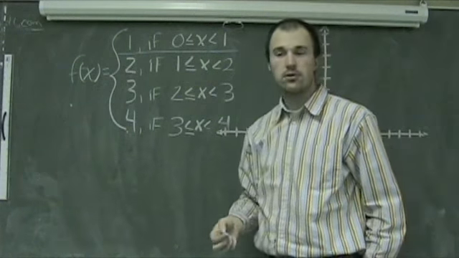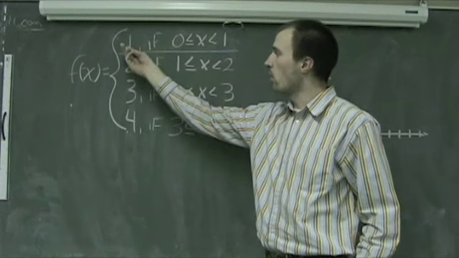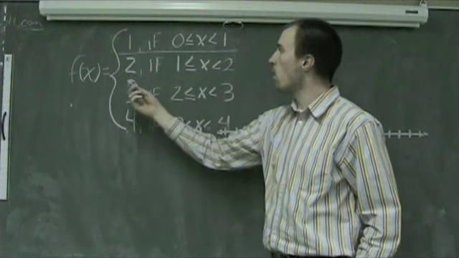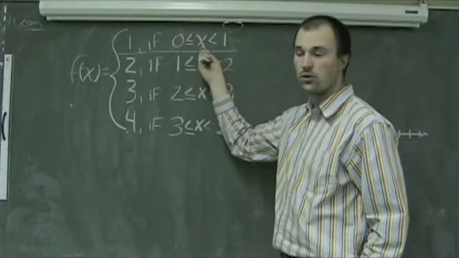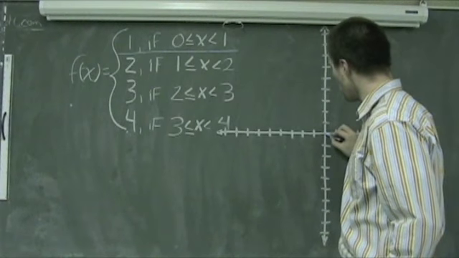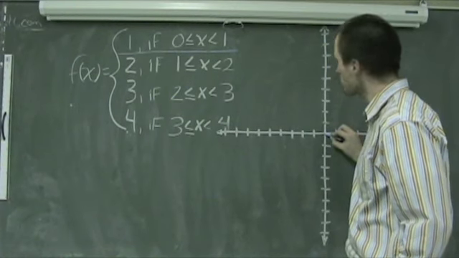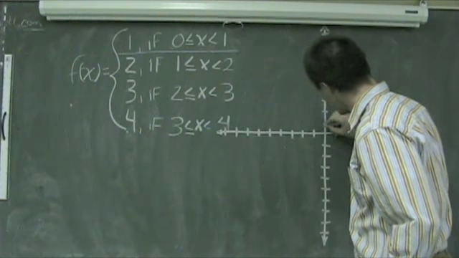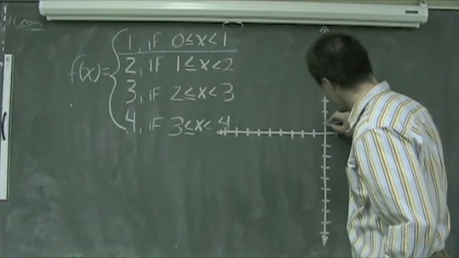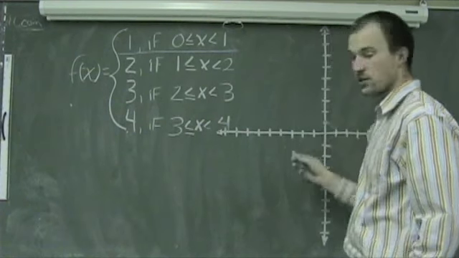So to start, in blue, my y value will be 1 if 0 is less than or equal to x. Well, here's the point where x is 0 and it can be equal to 0. So at this point, I can draw a big blue point at 1 on my xy graph.